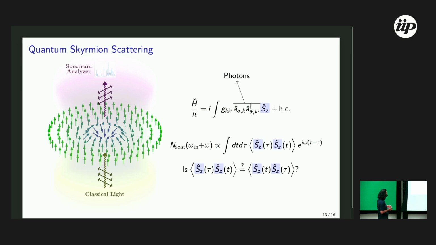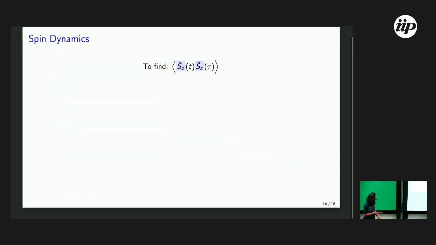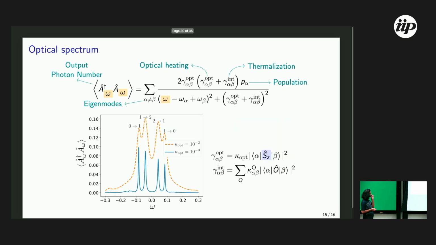Okay. So now I will not talk about many of the details in between, but let me show what the results look like. And wow, this plot is so much worse than I thought. Yeah, so what am I plotting here? If you just look at the plot, not the equation for the time being, these are the number of photons output, and this omega is relative to the input frequency.